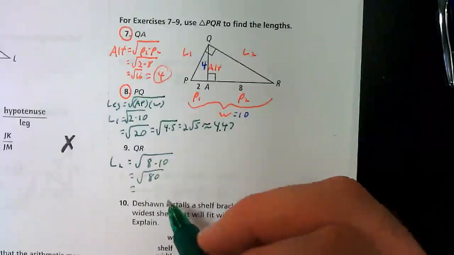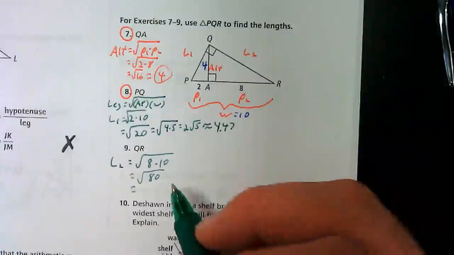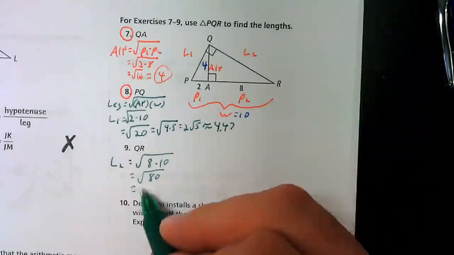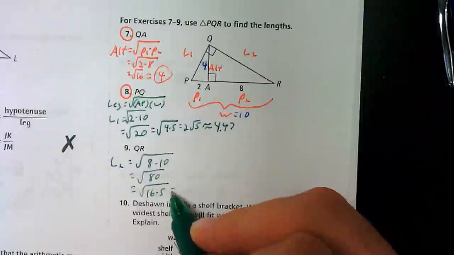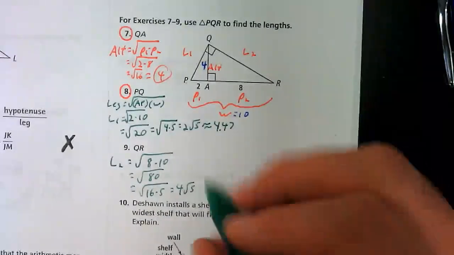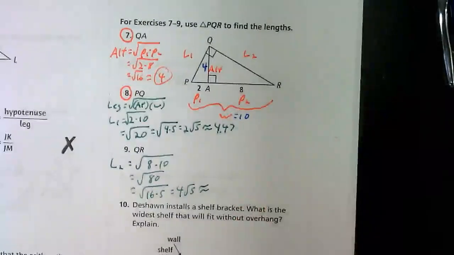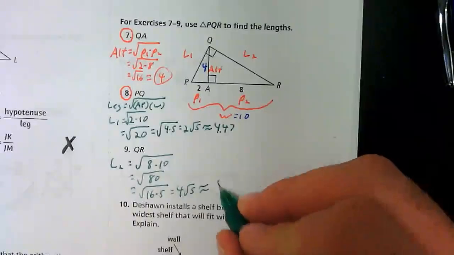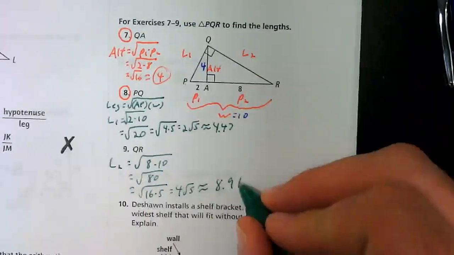We could simplify that. 80 breaks down into 16 and 5. Square root of 16 is 4, so this is 4 radical 5. Or if we take the square root of 80 on a calculator, the decimal is 8.94.